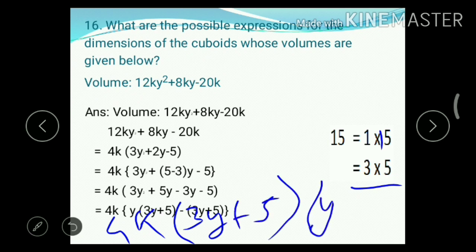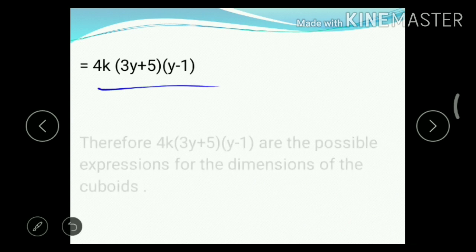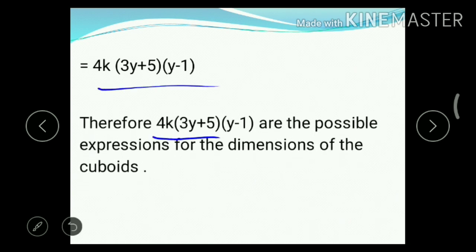These are the three possible dimensions of the cuboid. So that is what we have written. Therefore these are the possible expressions for the dimension of the cuboid. I hope you have understood.